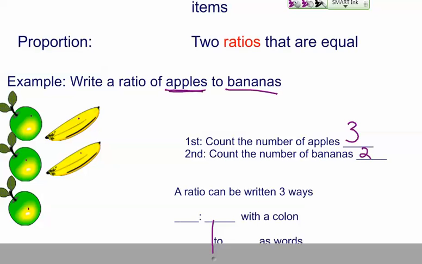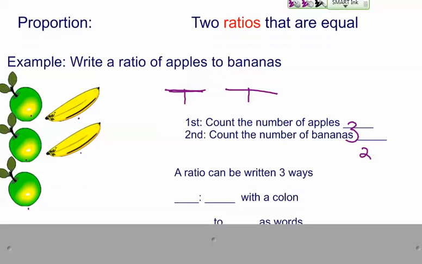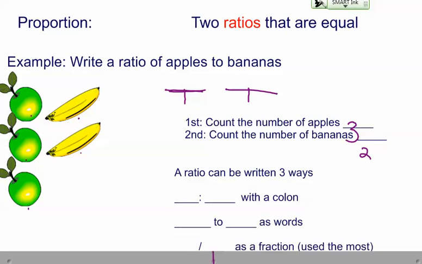So remember, a ratio is when you compare two things. I'm comparing apples to bananas. The way we're going to write that is, a ratio can actually be written in 3 different ways. Let's look at this way first. We're going to write it with a colon, apples to bananas. There are 3 apples to 2 bananas.